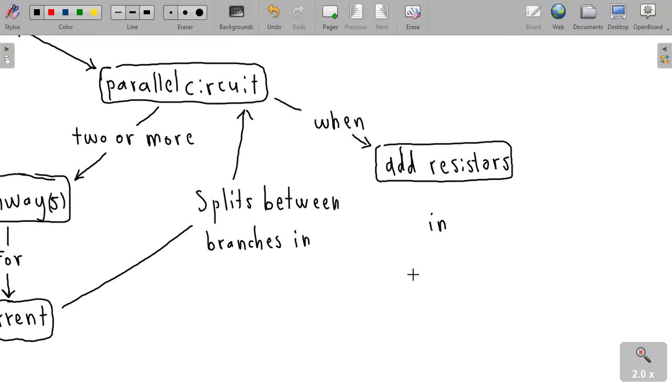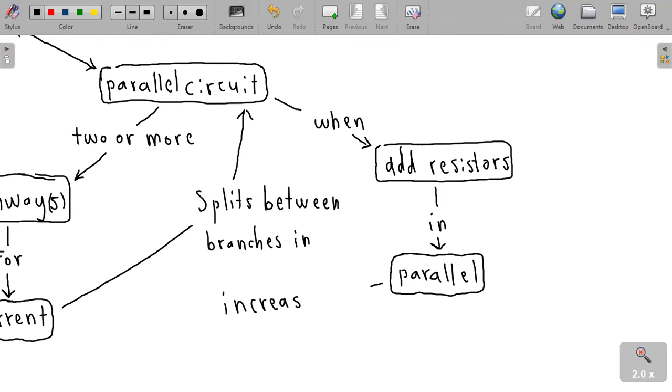When you add resistors in parallel, what will happen is that there will be an increase in the current.